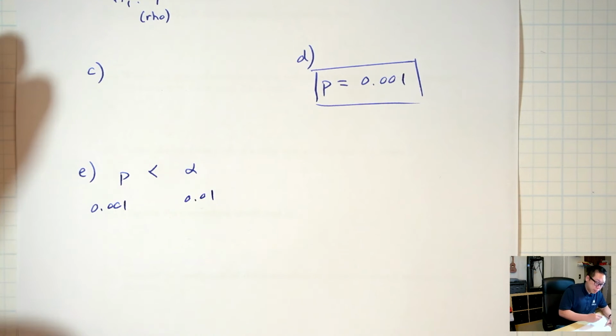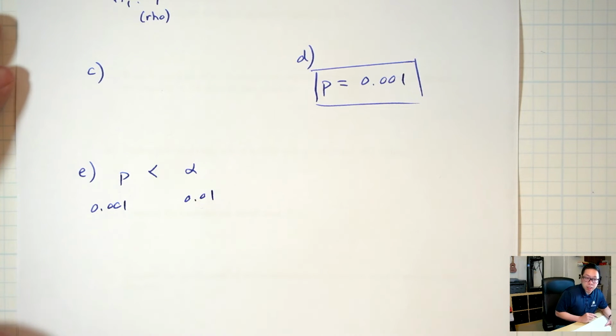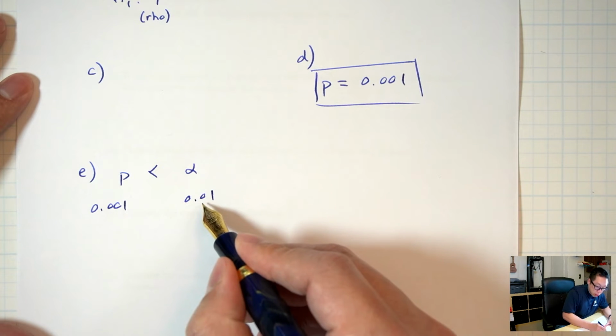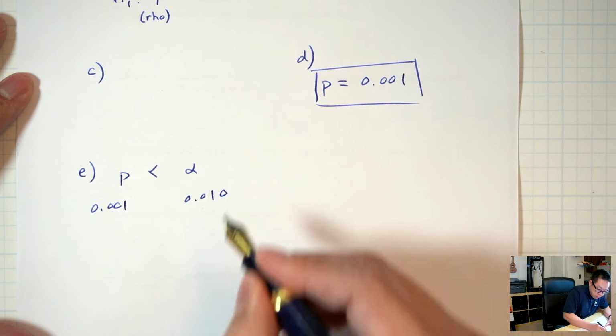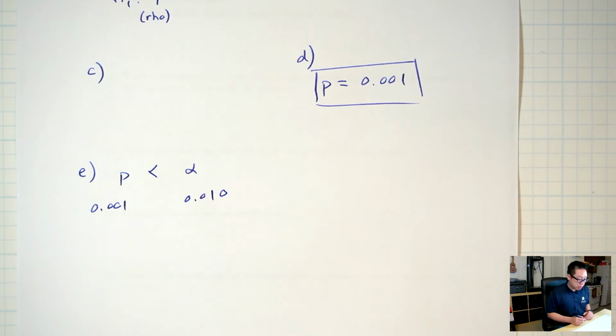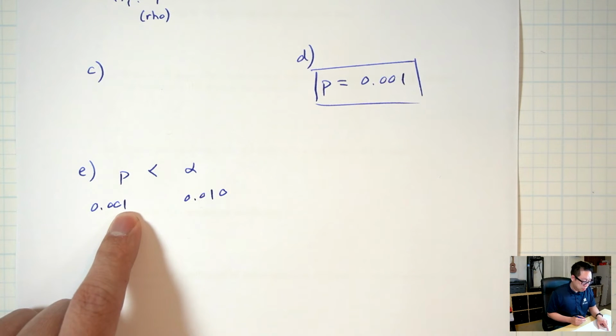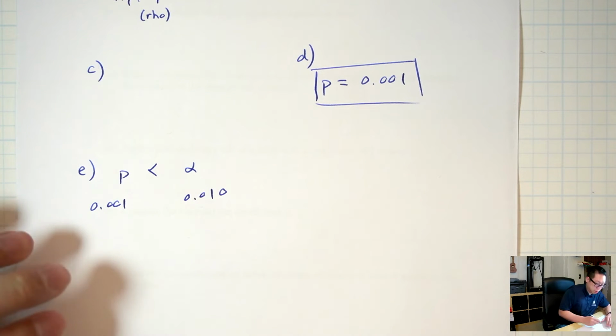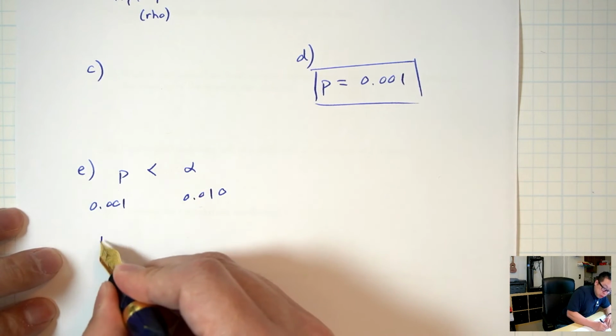If you need to, add zeros to make it match the number of decimal places. Our p-value has 3 decimal places. Our alpha currently only has 2, so let's add a 0. This is really just saying, is 1 less than 10? Yes. All right, so it is less, which means we do reject.